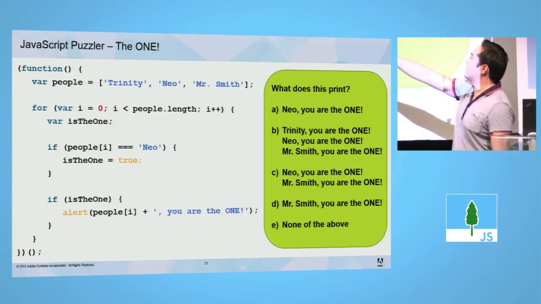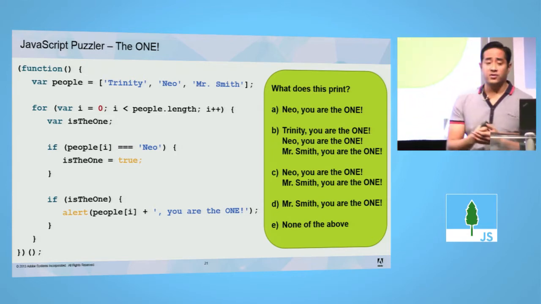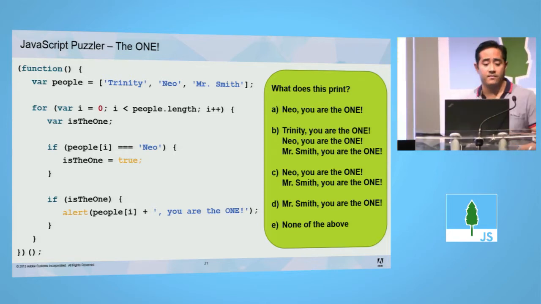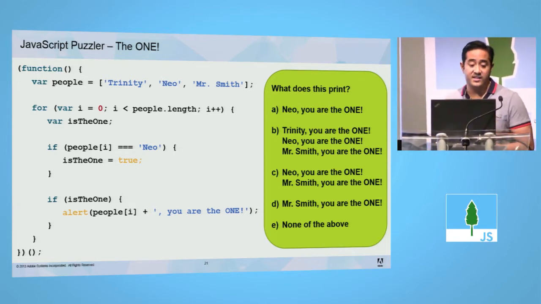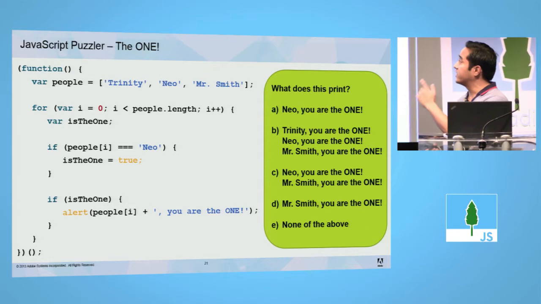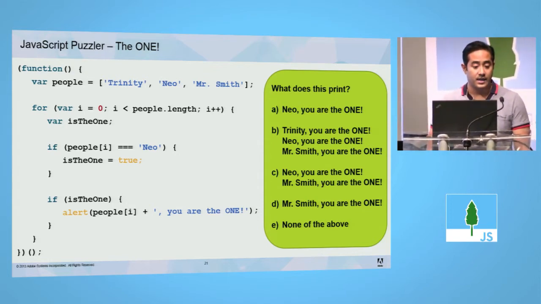Then we have an if statement, and it's going to check if the person's name is Neo. If it is, then it's going to set the flag is the one to true.